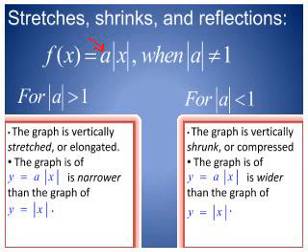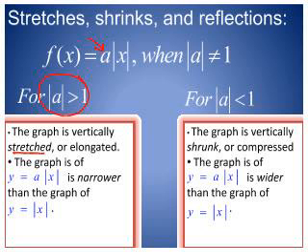The graph is vertically stretched or elongated if the graph of y is equal to a times the absolute value of x is narrower than the graph of y equals the absolute value of x. And that happens when your a is greater than 1.